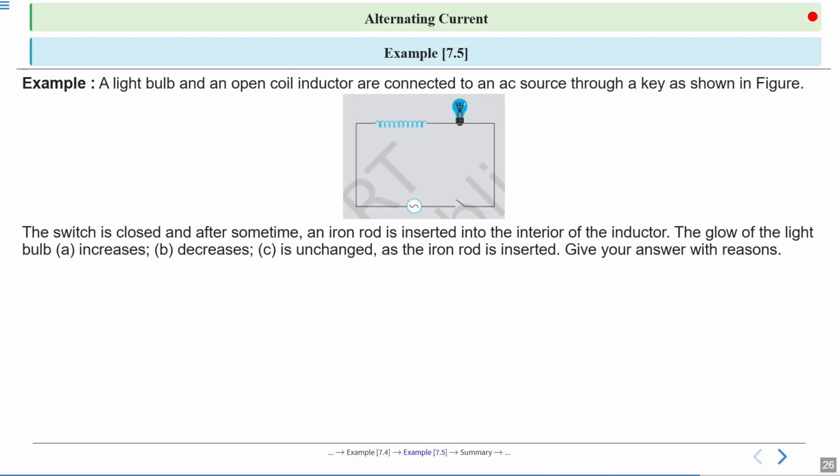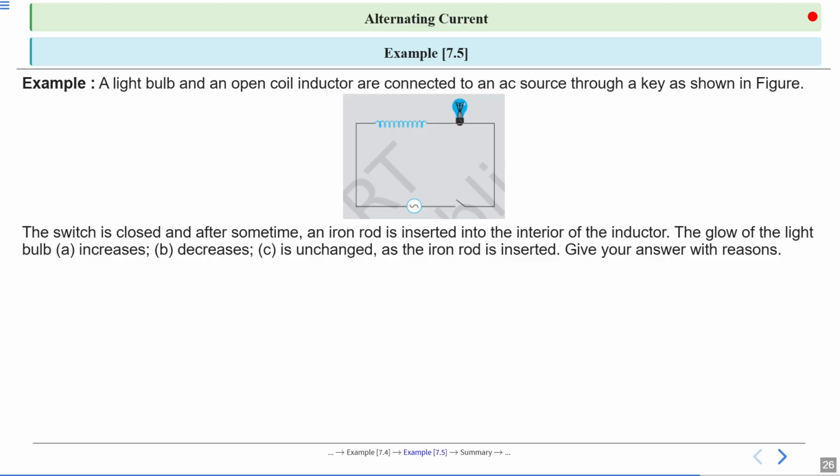Now, next example 7.5. A light bulb and an open coil inductor are connected to an AC source through a key shown in the figure. The switch is closed and after some time, an iron rod is inserted in the interior of the inductor. So now here the concept of the magnetism and matter chapter will be used.